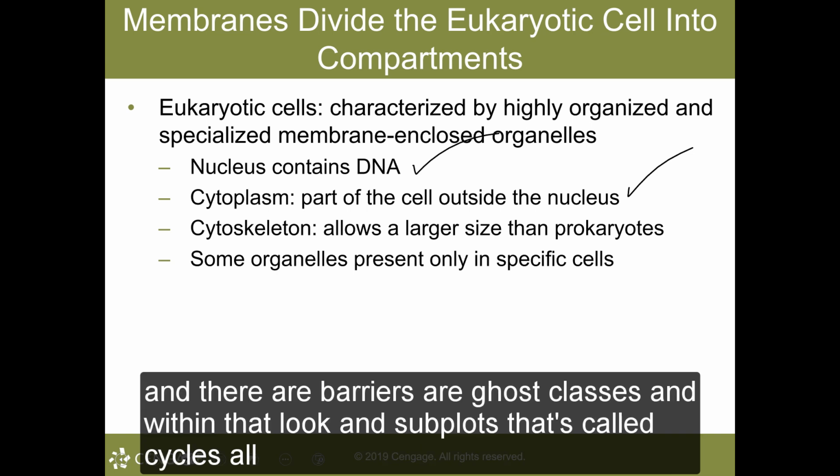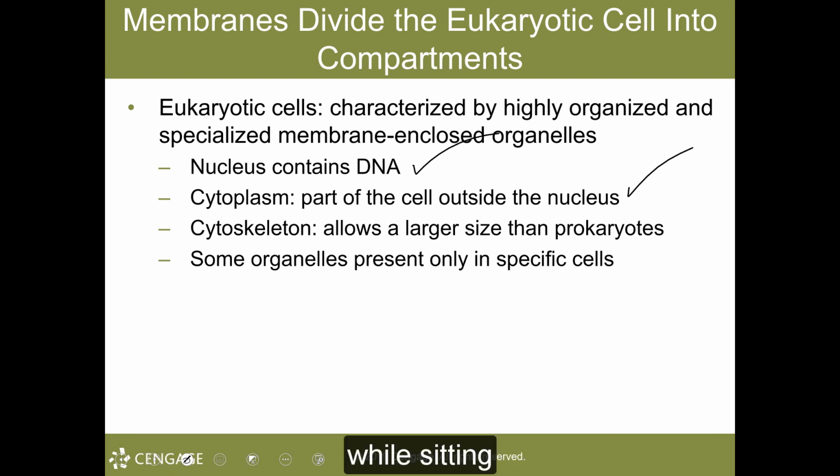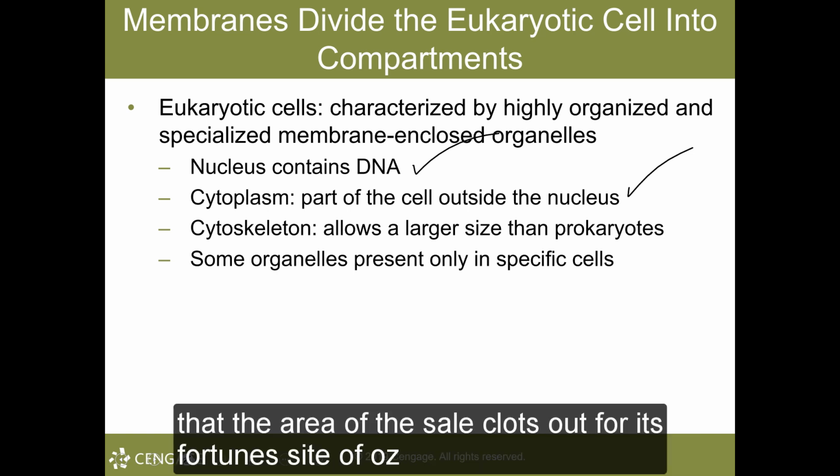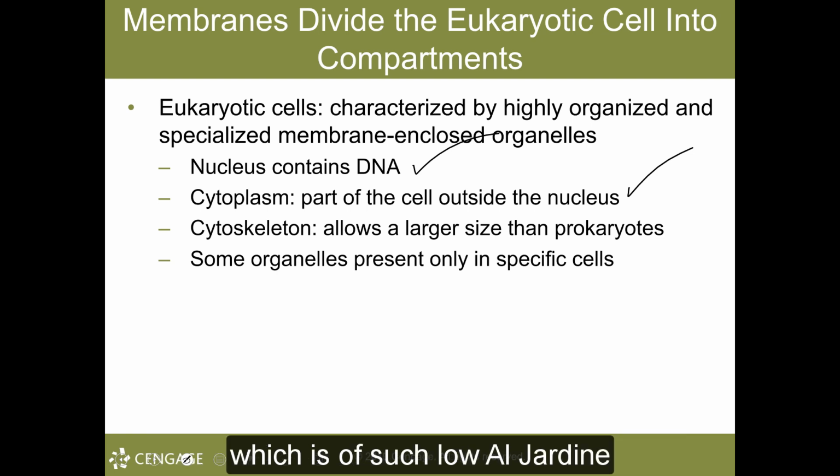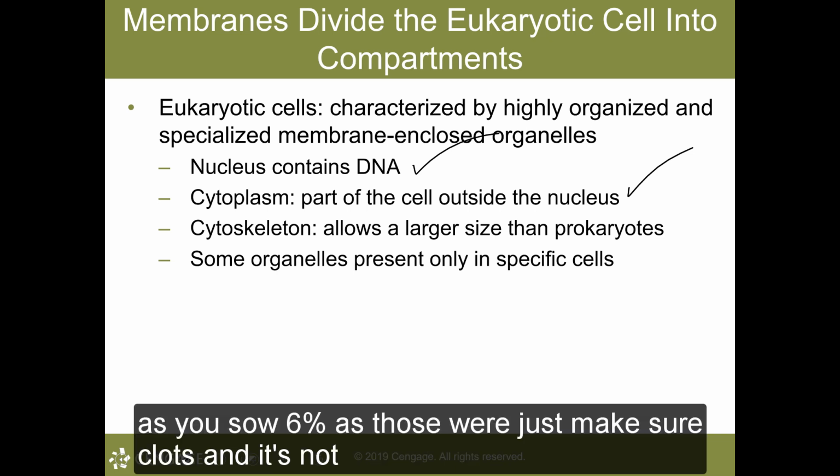There are various organelles suspended within the fluid component of the cytoplasm, which is called cytosol. So again, the area of the cell outside of the nucleus is the cytoplasm, and the organelles are suspended within the fluid component, known as the cytosol. Just make sure, class, you pay attention to that.